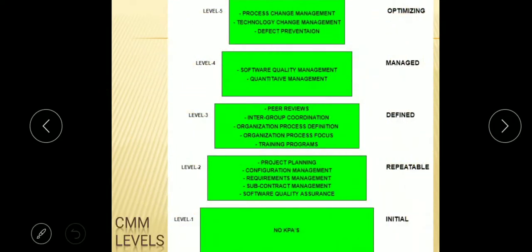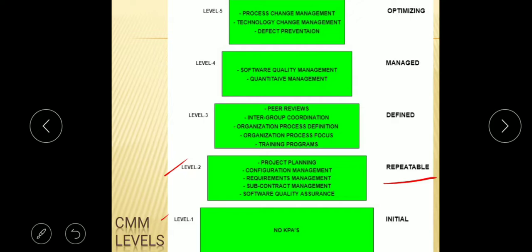It is also called the initial level. Its processes are unpredictable, poorly controlled, and reactive. At level 2, it is also called repeatable.